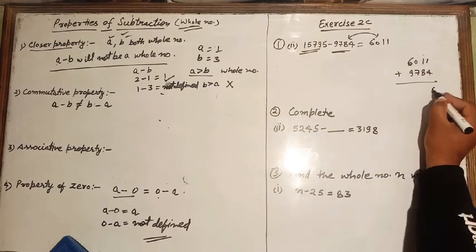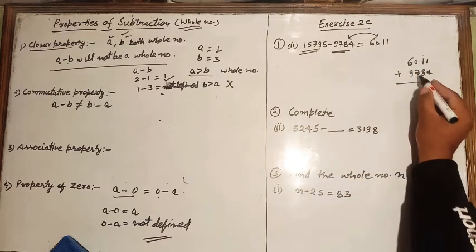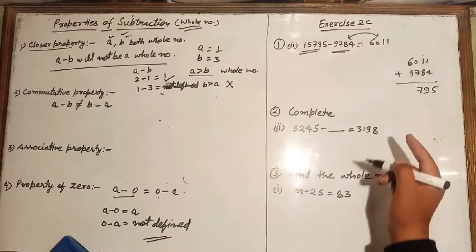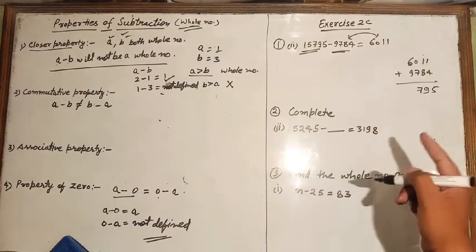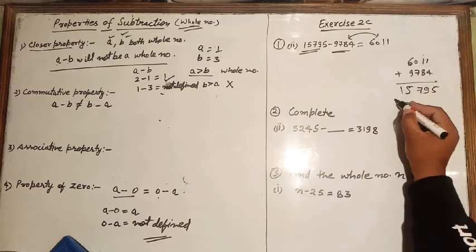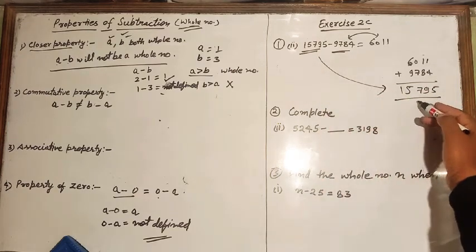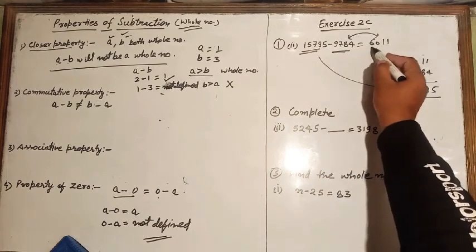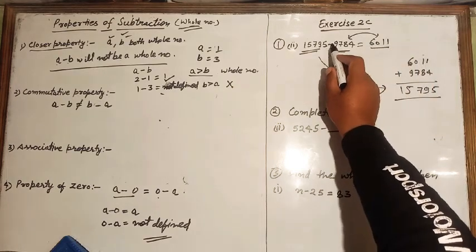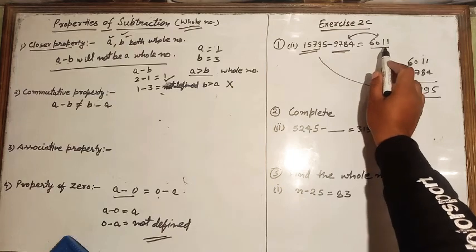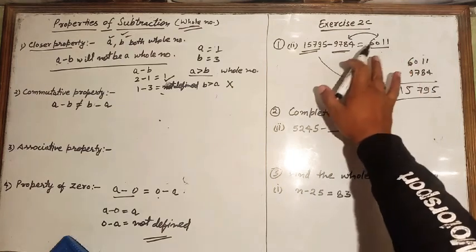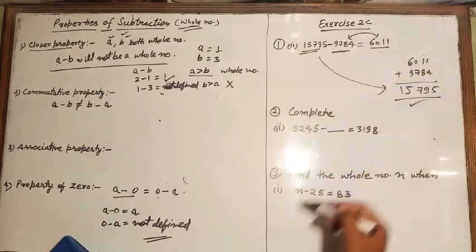So 4 plus 1, 5; 8 plus 1, 9; 7 as it is; and 6 plus 6, 12, 13, 14, 15. So our result is okay here. This will be our answer. Means you will add this and this number; wherever there is a negative sign, when it goes to the other side it becomes positive. So we will add both and check like this.